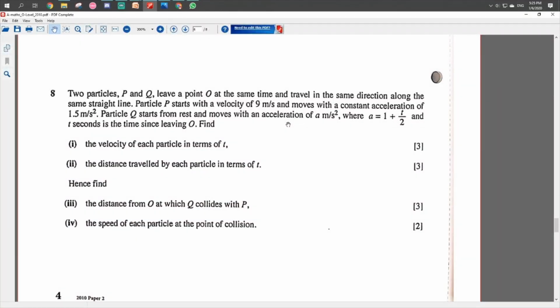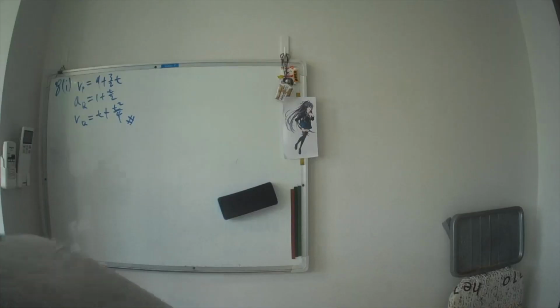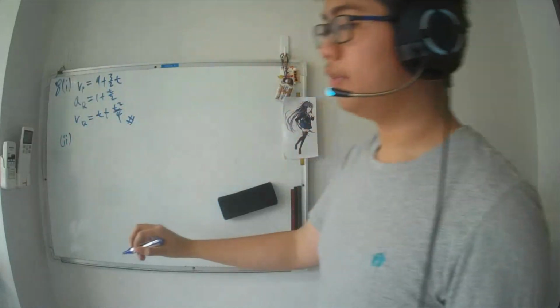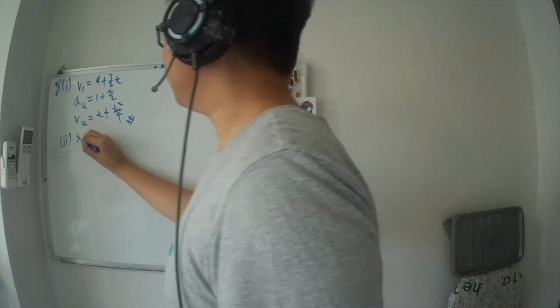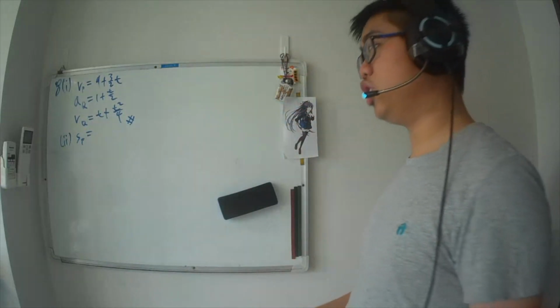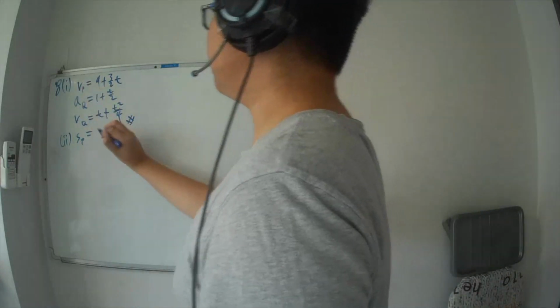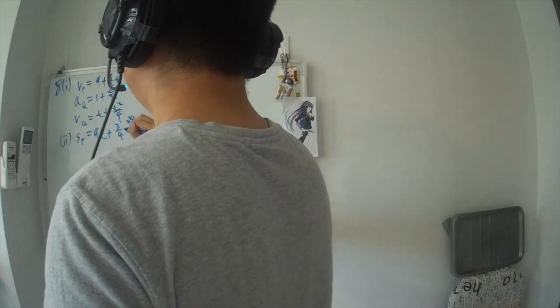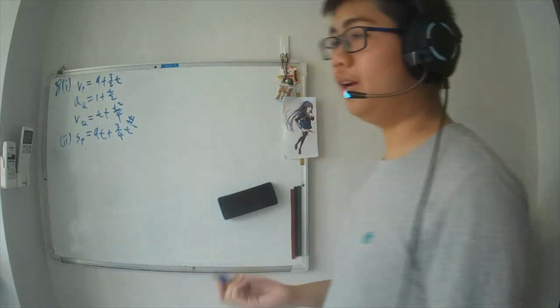Okay, question part 2. The distance traveled by each particle in terms of t. So that is just a second round of integration, right? So we'll have SP. So let's integrate. So once again, no plus c because it's all from the origin. Okay, so this is just 9t plus 3 over 4 t squared, isn't it? Simple enough.